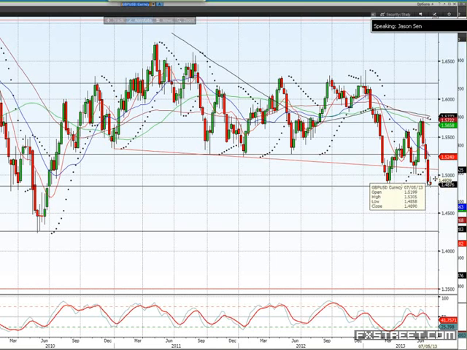Not significantly lower than yesterday's low. Yesterday's low was 148.58. Today's low 148.33. So we've given that low from March a really good test today. 148.32 the March low, 148.33 today's low, and we're now managing to recover that 148.55 Fibonacci support level.